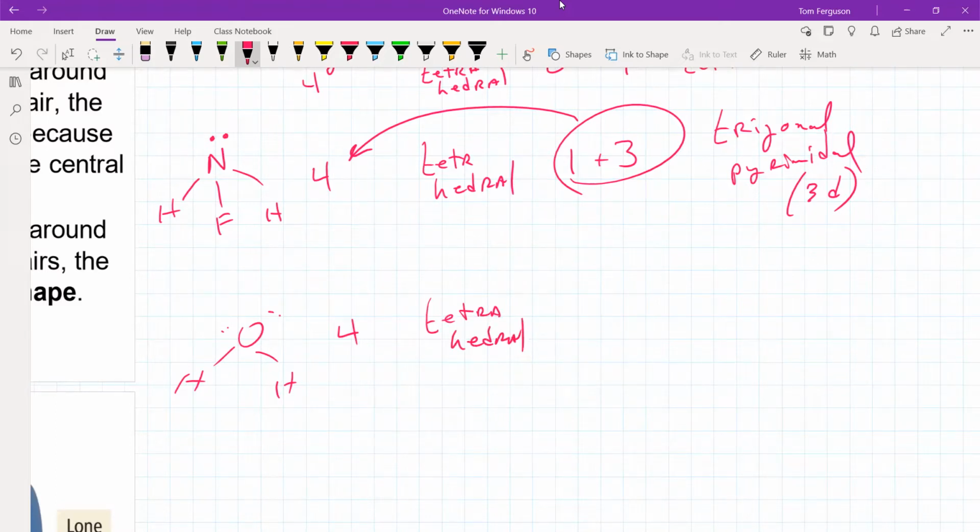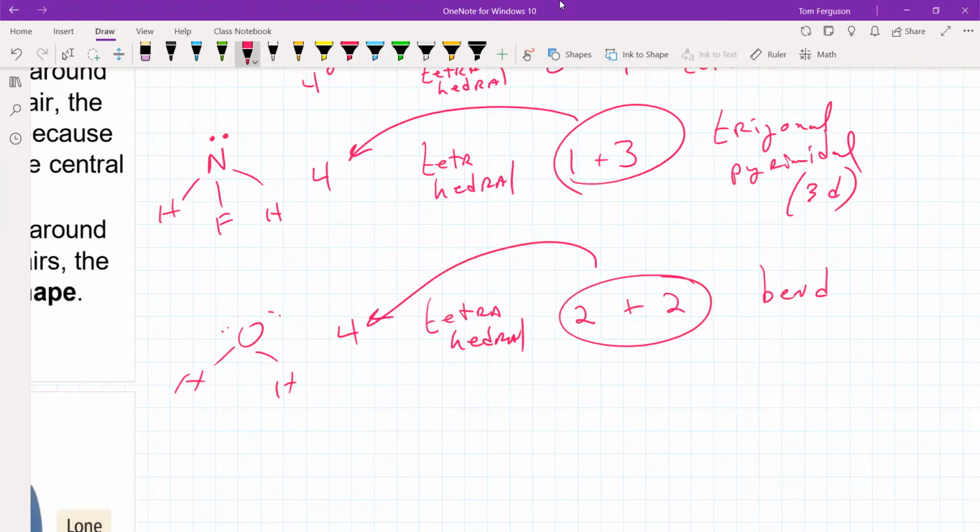How many non-bonding? 2. How many bonding? Okay. If it's 2 and 2, that's called bent. So you can see when we get to 5, there's going to be more combos. We get to 6, there's even more combos.